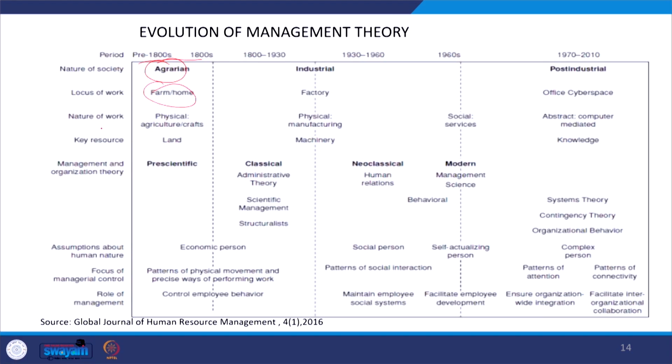The nature of work was physical, agriculture or craft, and the key resource was land. Management and organization theory at that time was pre-scientific in nature. Regarding assumptions about human nature, the human being was considered to be an economic person. The focus of management control was on patterns of physical movement and the precise way of performing tasks.